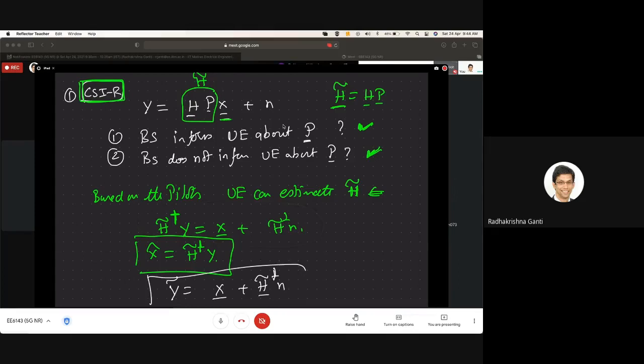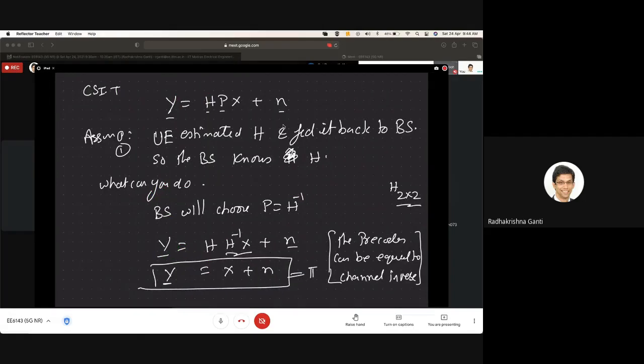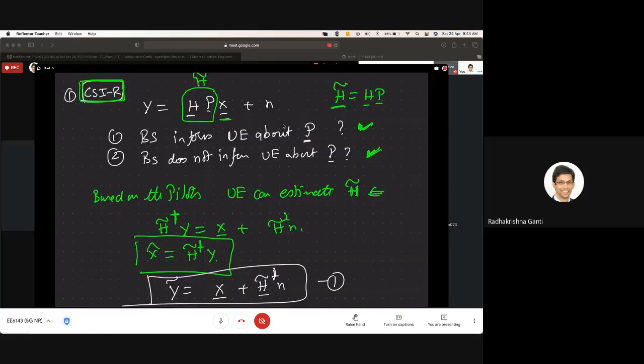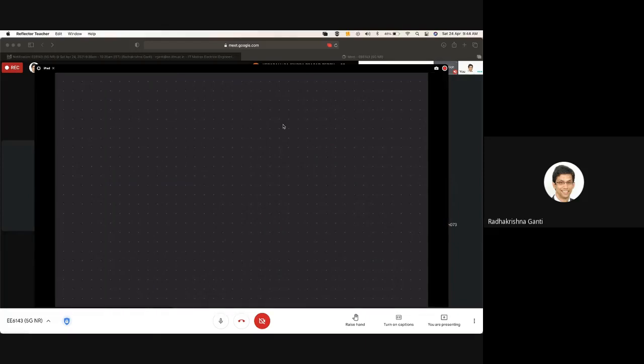Look at this equation 1 and look at this equation 2. What is the difference between these two?